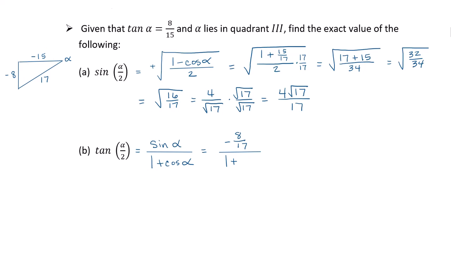So that's a negative 15/17. That's going to change that sign to a minus. And now I'm going to multiply top and bottom by 17 so that I can clear the compound fraction. I get a negative 8 on top. On the bottom I get a 17 minus 15. So a negative 8 divided by 2 is negative 4.